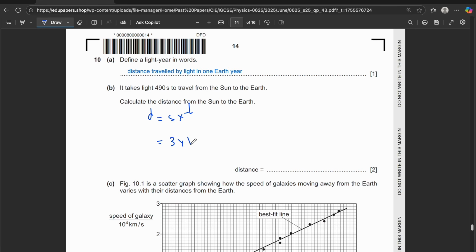Speed is 3 into 10 power 8 meters per second. So 490, we don't need to convert any units. So that'll be 1.47 into 10 power 11, about 1.5 into 10 power 11 meters.